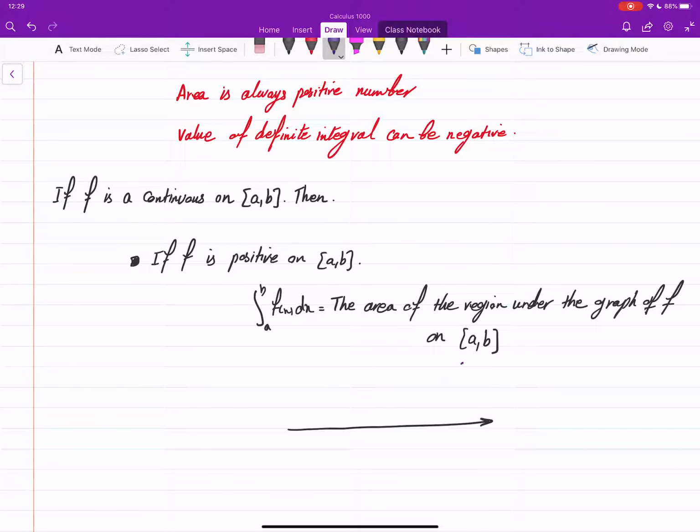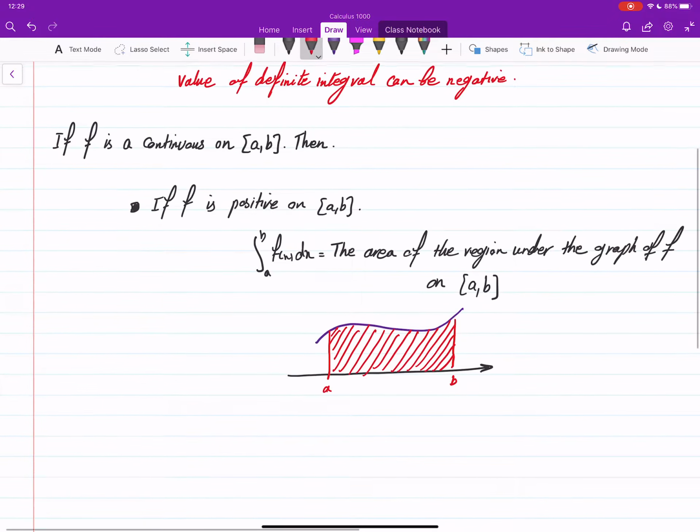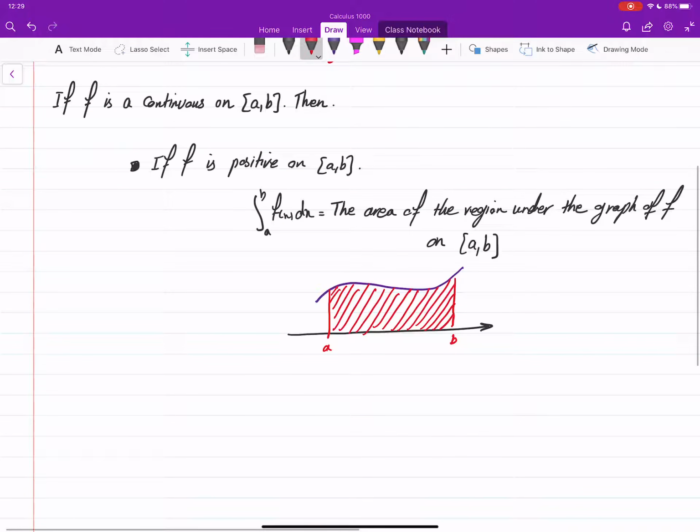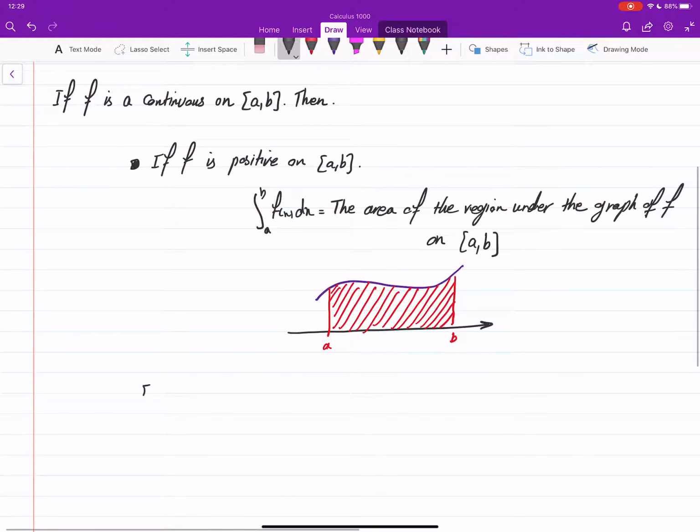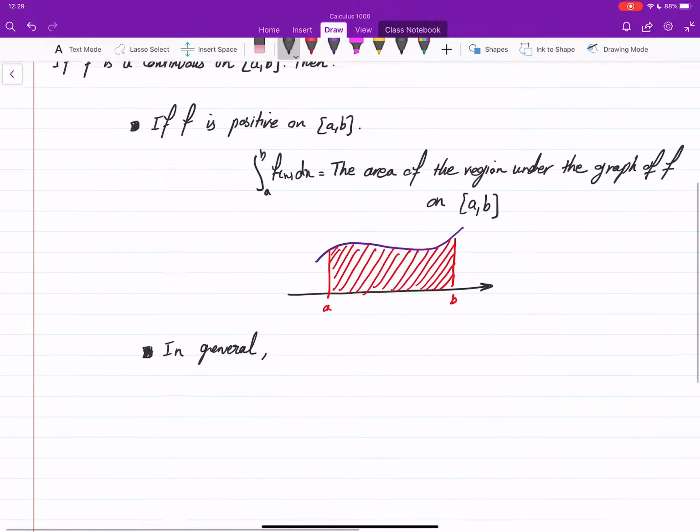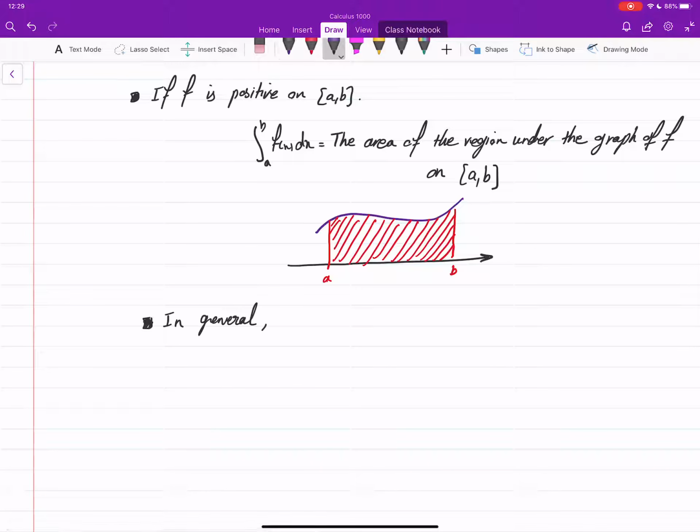So if it is positive, we already know. The way we found the area using the Riemann sum, or if it is a nicely shaped region, you can just compute the area, and that is going to be the integral of f from A to B. But when f is not positive, in general, what could be different?